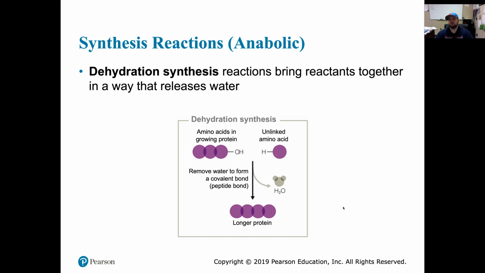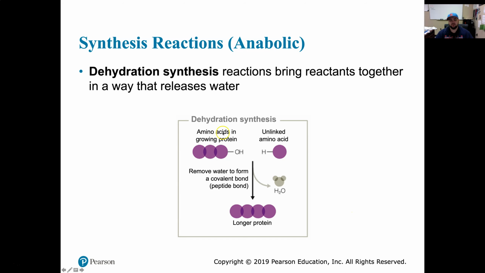So, if we take dehydration synthesis and think about it for a second, dehydration, what does that actually mean? Well, when you're dehydrated, what are you losing? You're losing water, right? And then synthesis means to build or create. So, in dehydration synthesis, you are losing a water molecule or multiple water molecules to create something.